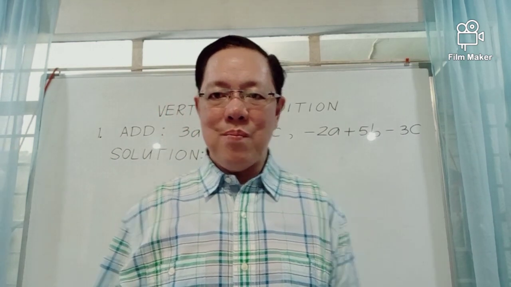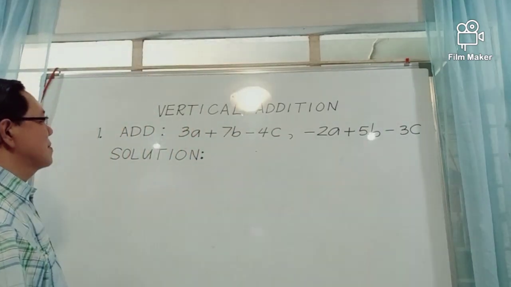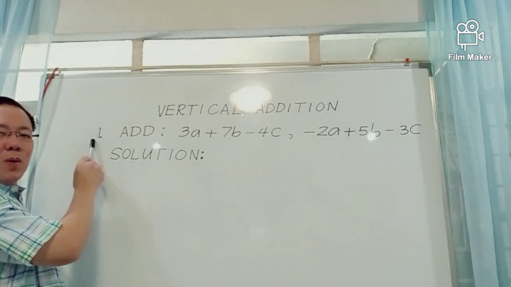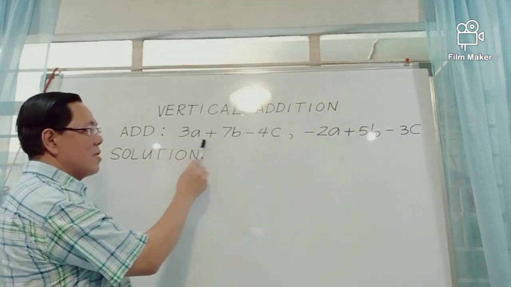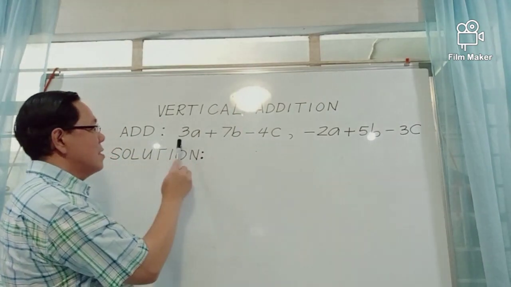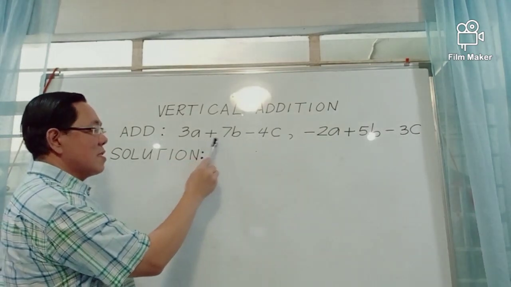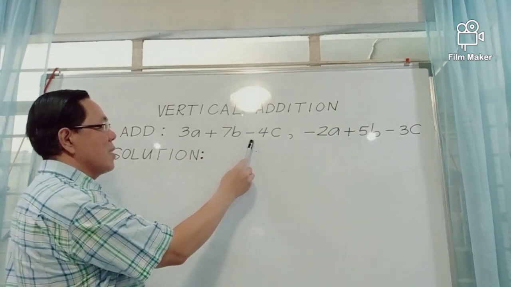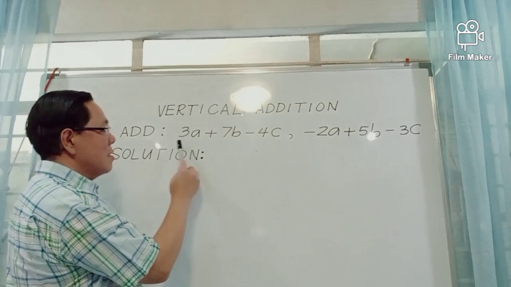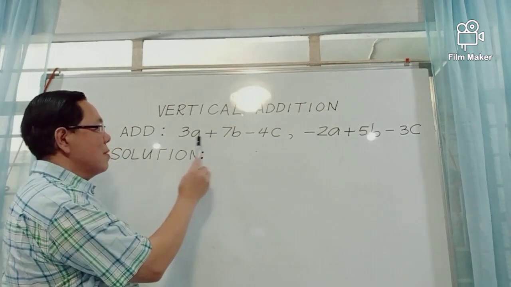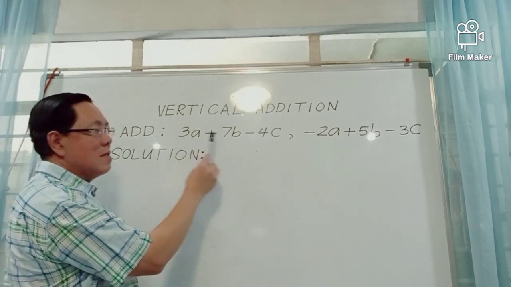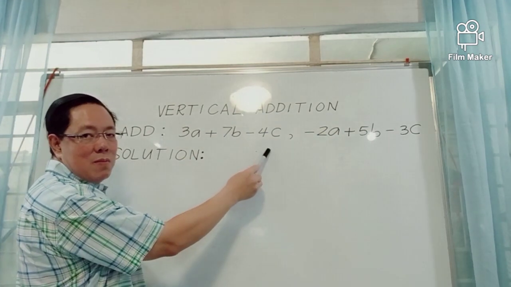We take an example. Example 1, we add this algebraic expression 3a plus 7b minus 4c. This algebraic expression is a trinomial because it has 1, 2, 3 terms.